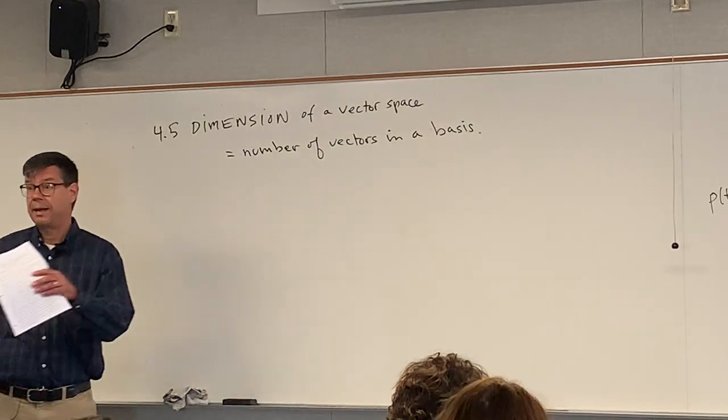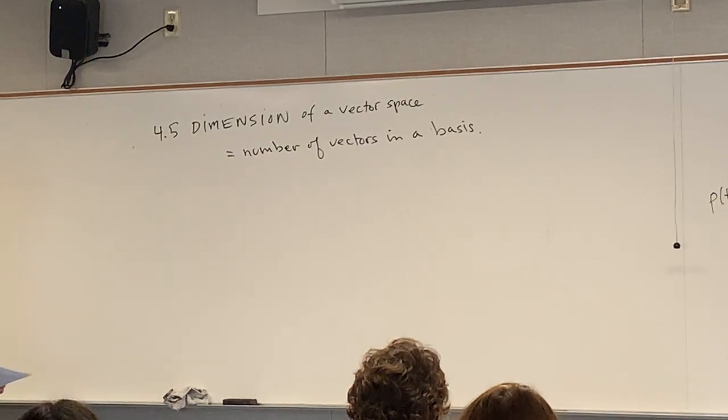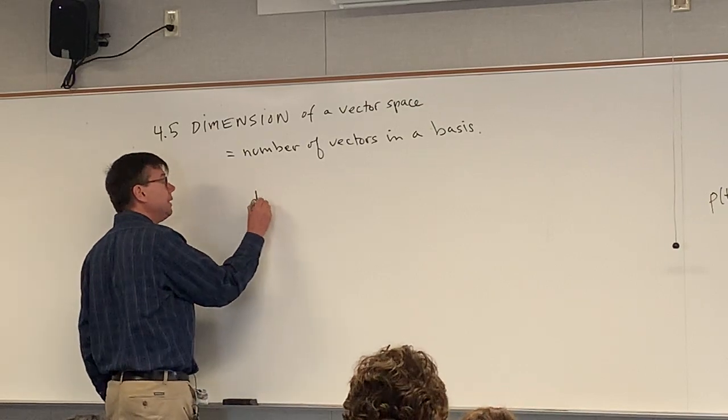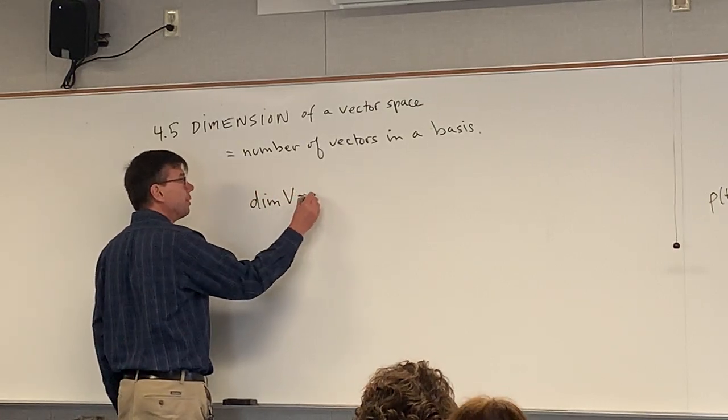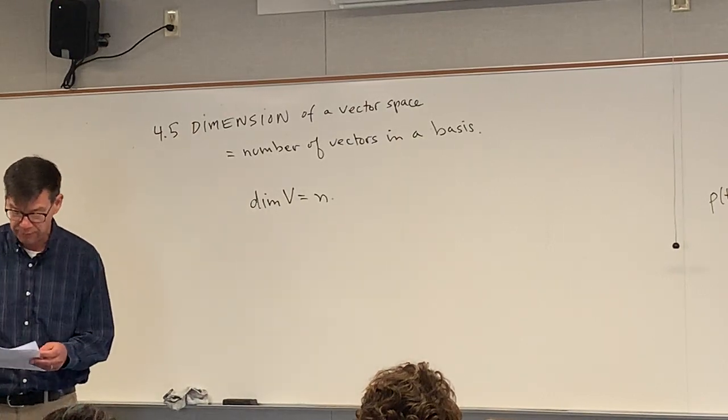If you find a second basis, it's got to have exactly the same number of vectors. So we write dim V equals n if the dimension of the vector space is n.